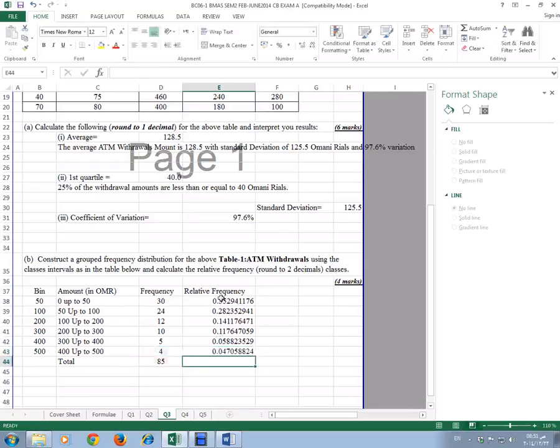Also here it is required to make it 2 decimal places, so highlight and make 2 decimal places for this question, and we can center it. Now this one is the relative frequency, and this is the answer for this question.